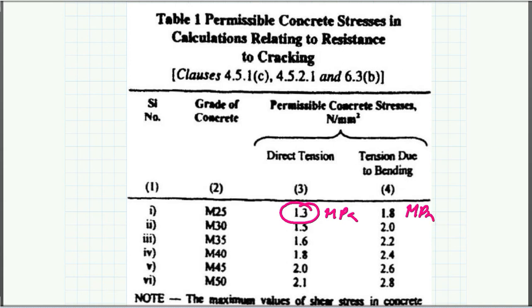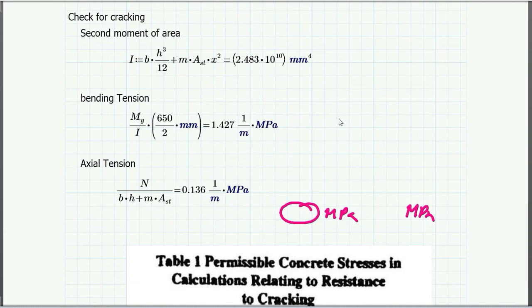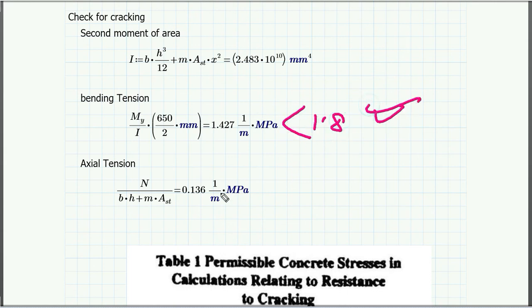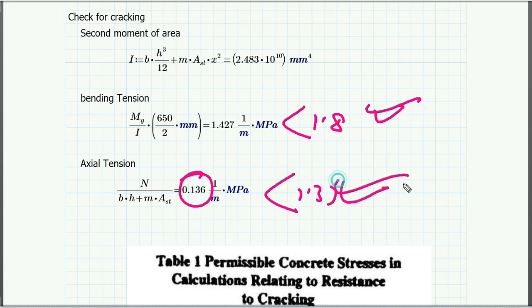Here you can see we have obtained 1.427 for bending, which is less than 1.8, so it is okay. For direct tension it should be less than 1.3, and we are getting 0.137, so this is okay. The check for cracking is satisfied.